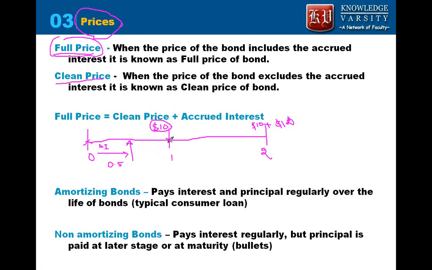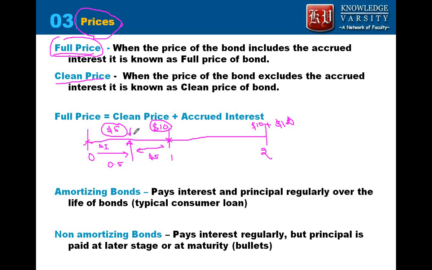It is not the seller who will get this $10. The buyer is only entitled to the interest for his period, which is $5. So he should give back the $5 to the seller. So the price should include the accrued interest.